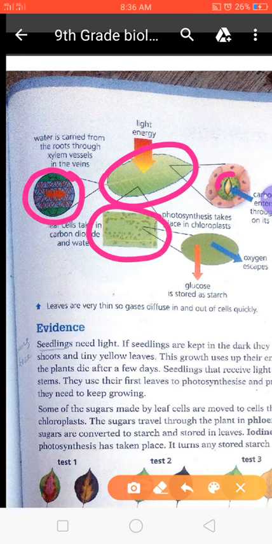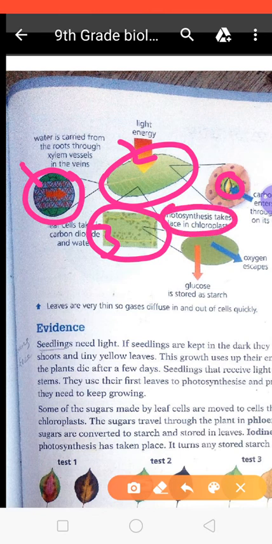This is the picture of stomata. Stomata are the small pores in the leaves that take carbon dioxide into the plant. When all these three materials are present, like 1, 2, and 3, the process of photosynthesis takes place. And in this process, oxygen and glucose are produced, which are very important for us.